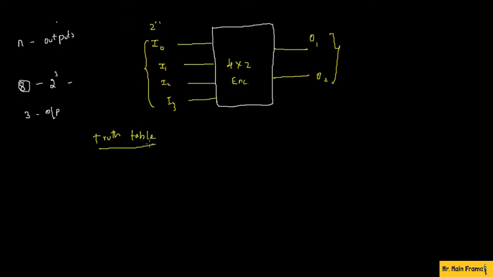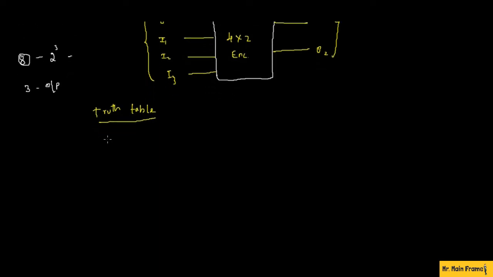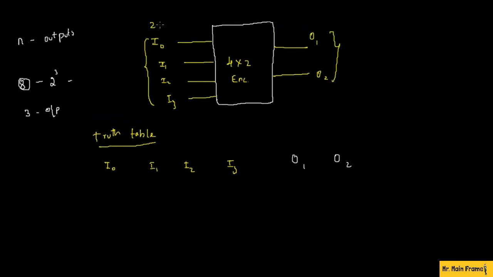So what are the inputs you have? In the first place you have I naught and I1, I2, and I3, and the outputs are O1 and O2. So in the first stage, for example, this I naught is carrying the data 0 0, right? The I1 is going to carry the data 0 1, and I2 is carrying the data 1 0, and this is carrying data 1 1.